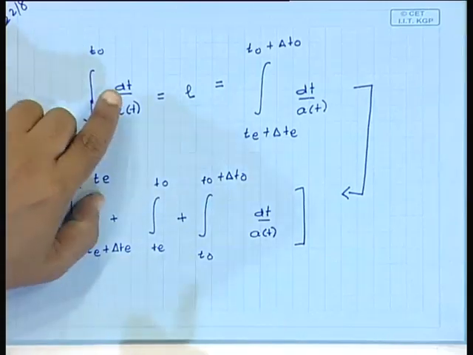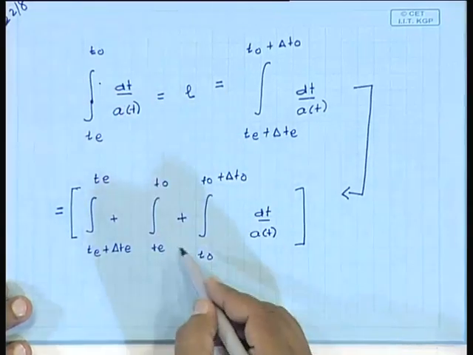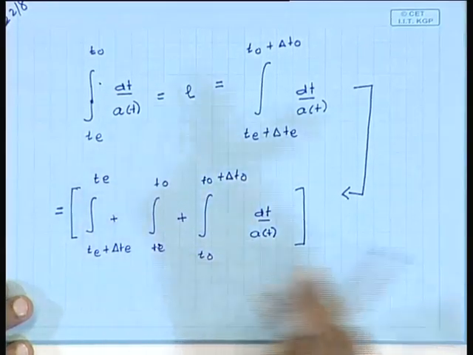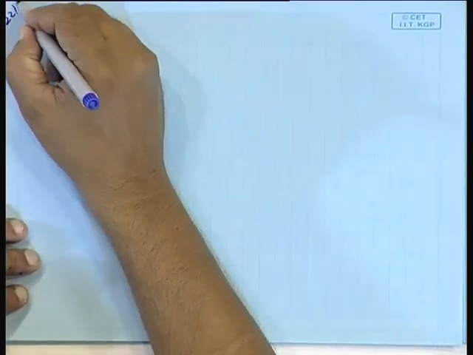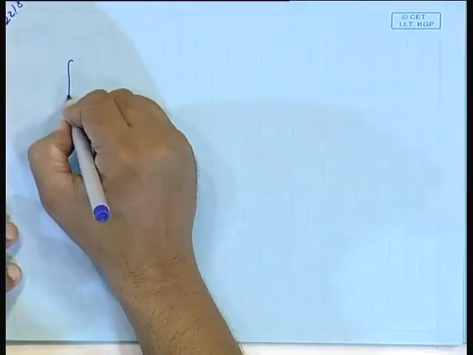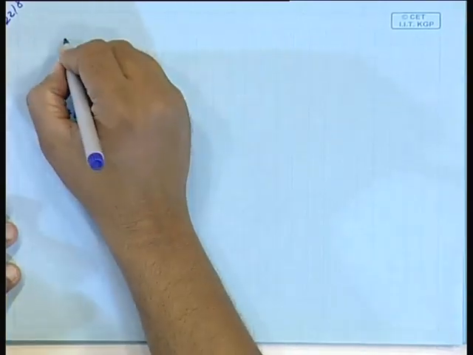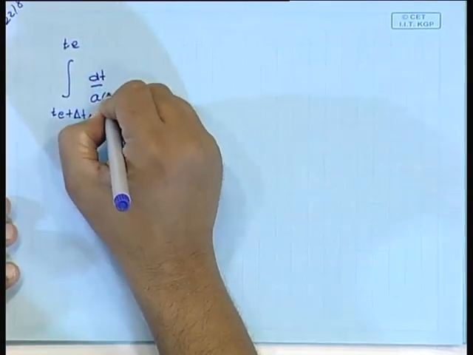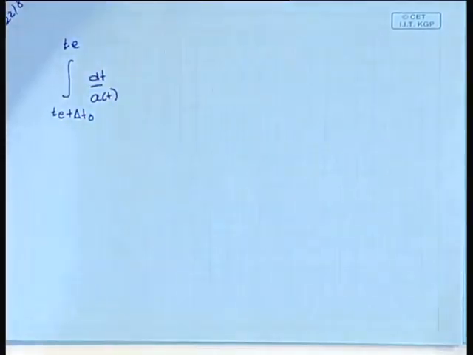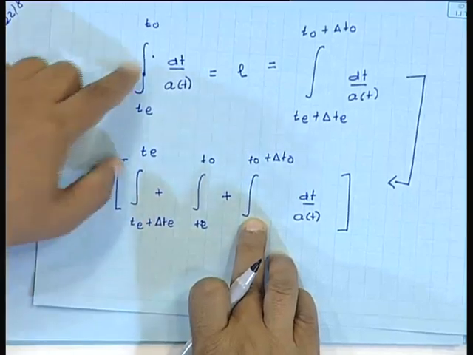Now, since this is equal to this, we see that this term exactly cancels out with the second integral, and we are led to the conclusion that the integral from T emitted to T emitted plus delta T emitted of dt by at, plus this integral, should be equal to 0, because this cancels out with this.